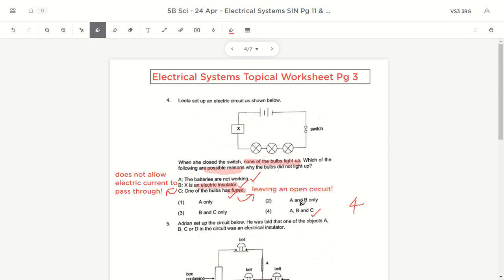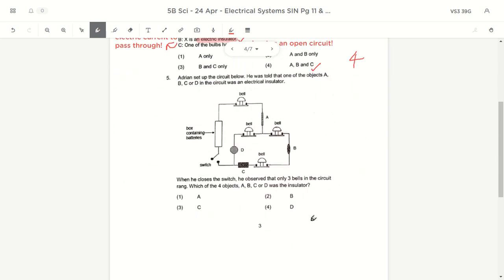Okay, let's try the next one. In the circuit below, only one of the objects A, B, C, or D is an electrical insulator. Once again, write down what you know about an insulator. That means it does not allow electric current to pass through.